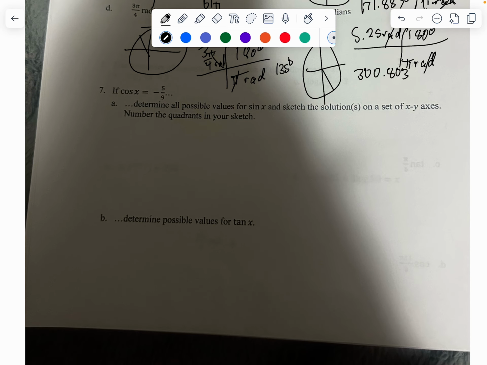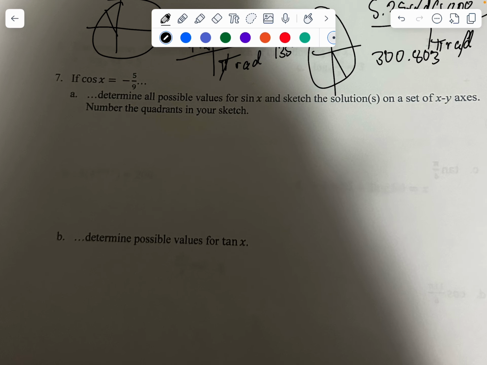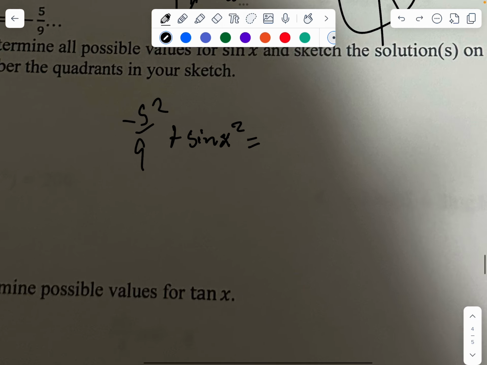Alright, if cosine x equals -5/9, determine all possible values for sine x and sketch the solution. I'd find sine from (-5/9) squared plus sine squared x equals 1. We'll put it in as 81/81.